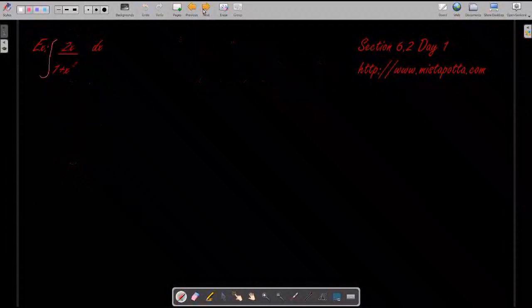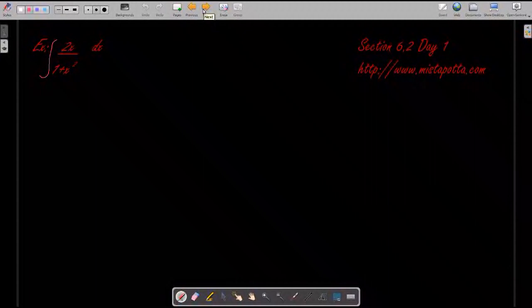So in our third example, I've got a little bit different here. I've got 2x over 1 plus x squared. And a lot of people looking at this would say, well, I've got 1 plus x squared, but it's not really a composition of functions.